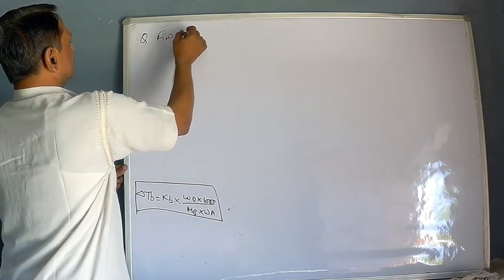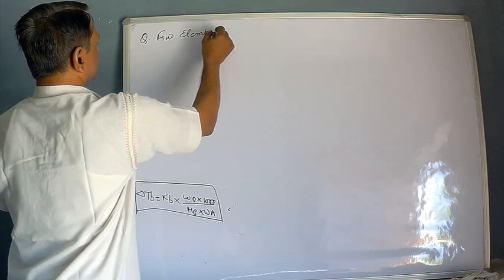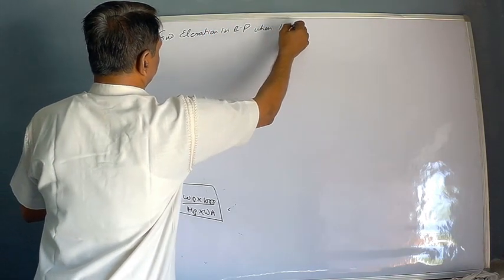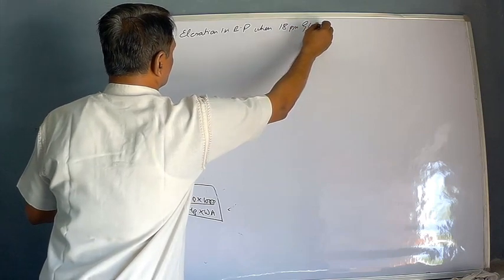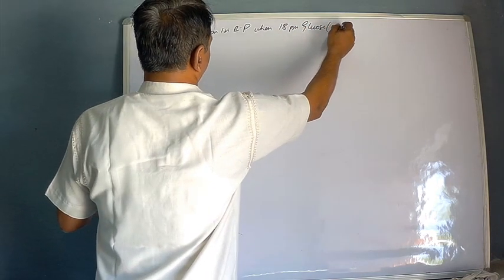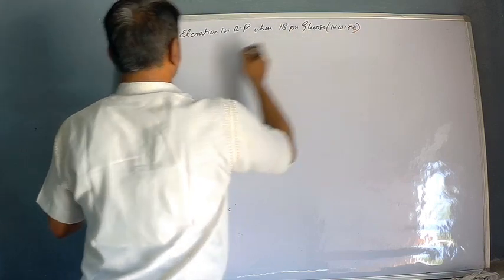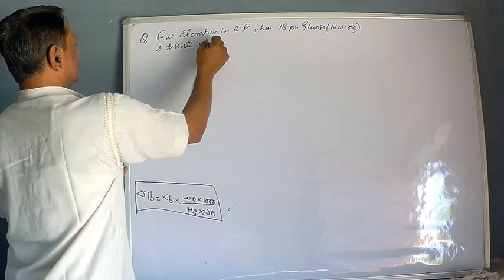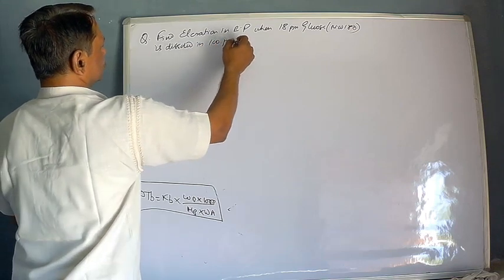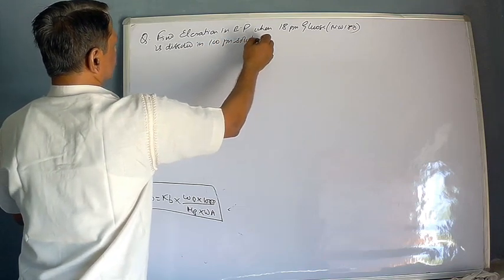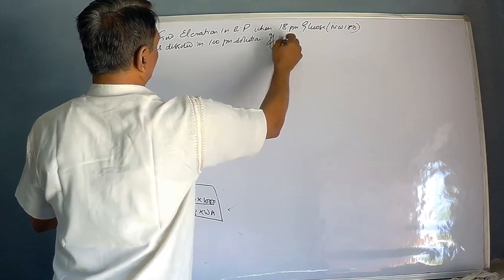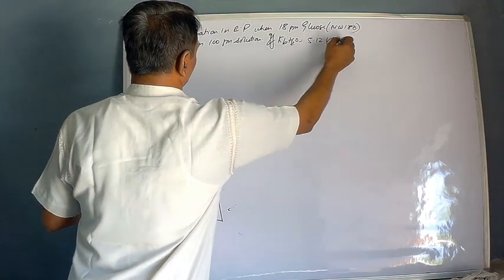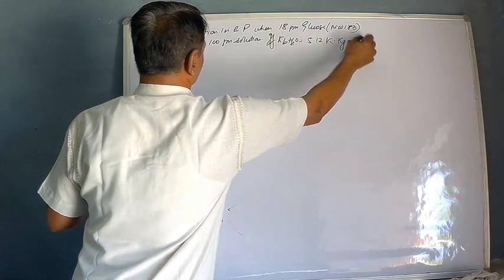Find the elevation in boiling point when 18 gram glucose, molecular weight 180, is dissolved in 100 gram solution. If Kb of H2O equals 5.12 Kelvin kilogram mole inverse.